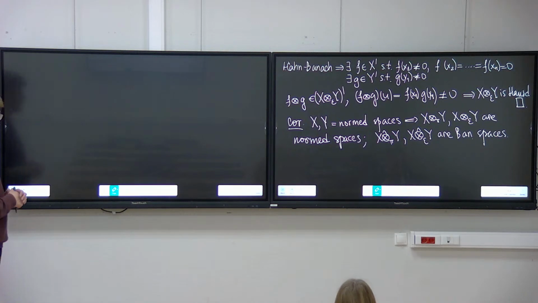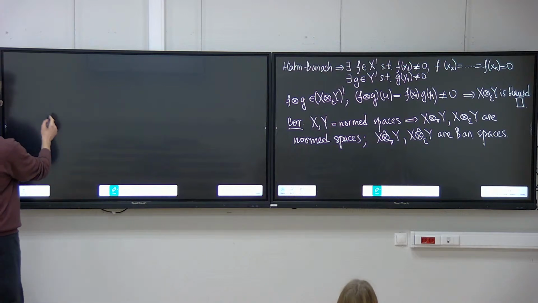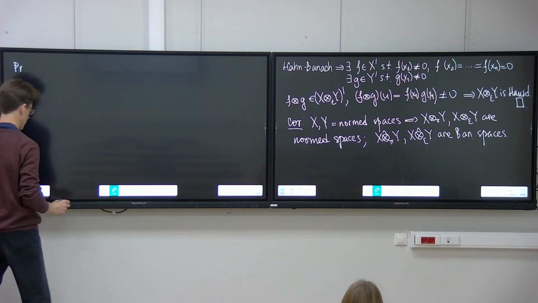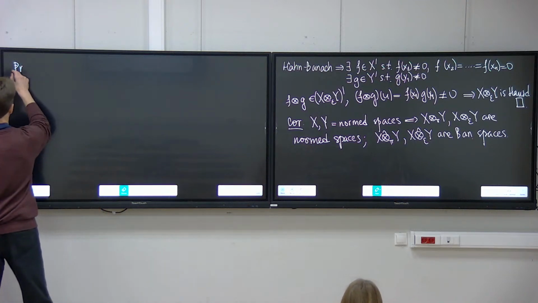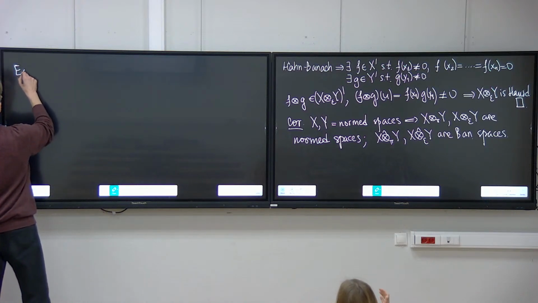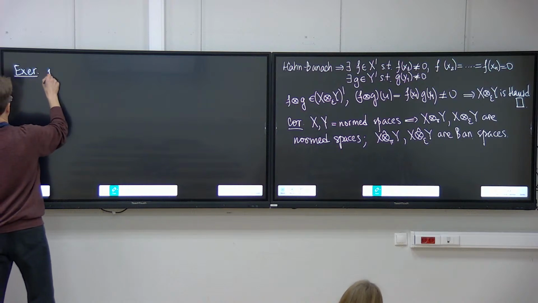Okay, let's now look at some canonical isomorphisms related to projective and injective tensor products. I state this as an exercise for you. Exercise 1.